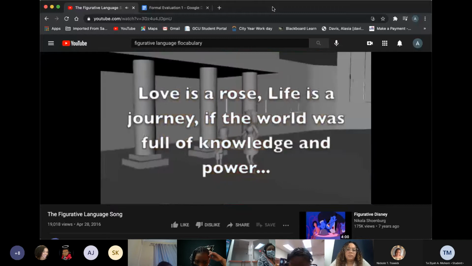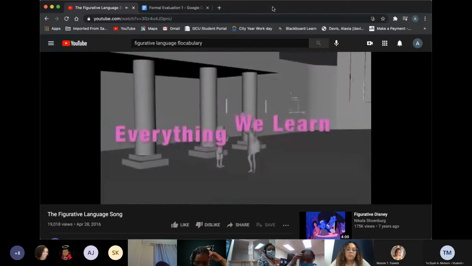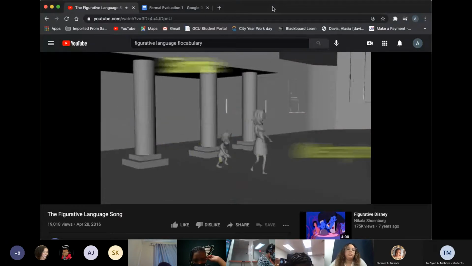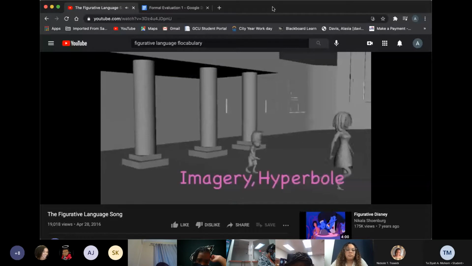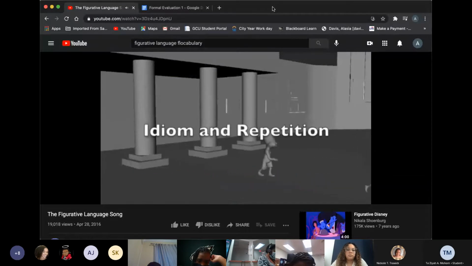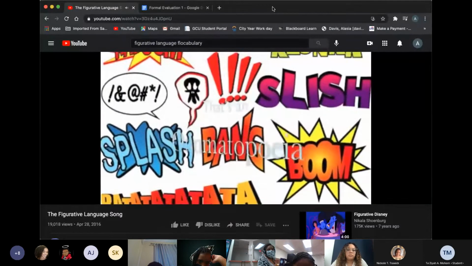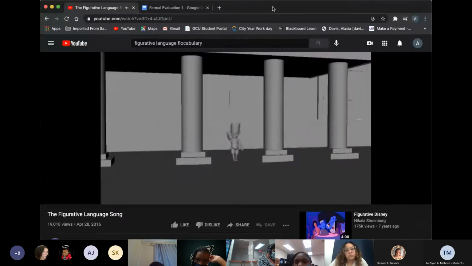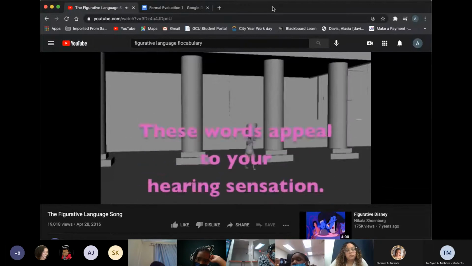Boom, swish, onomatopoeia. These are words that suggest a sound when you hear them in the story.